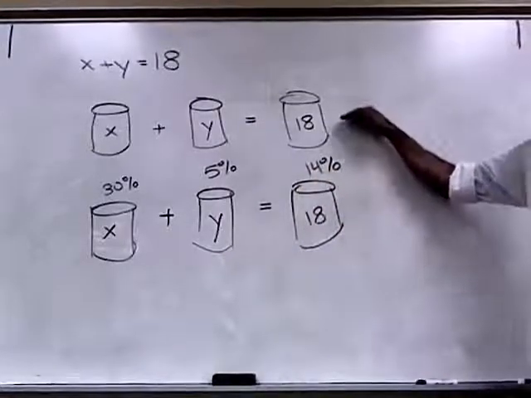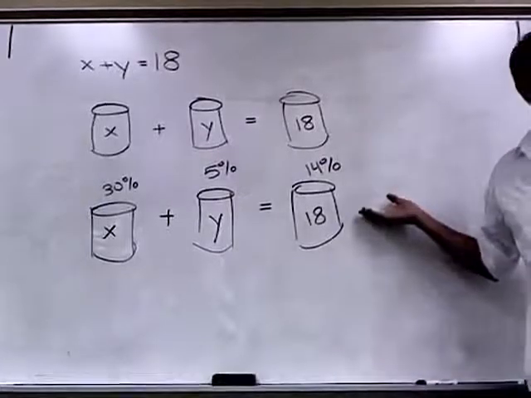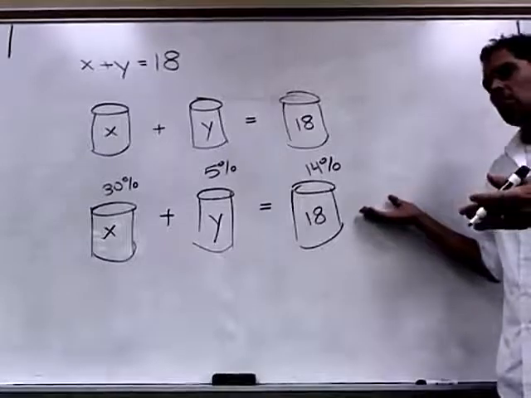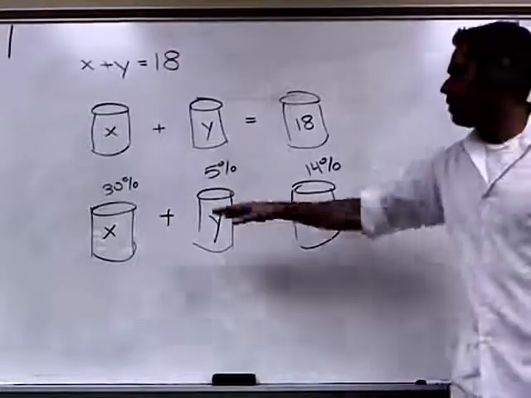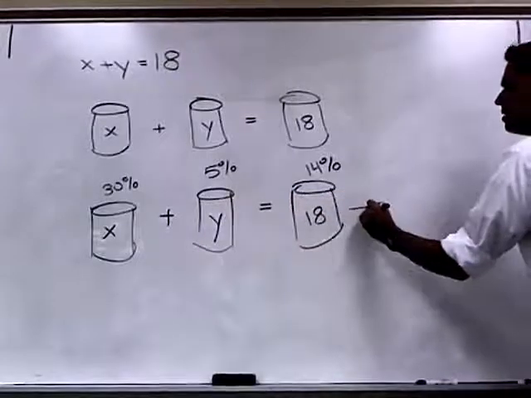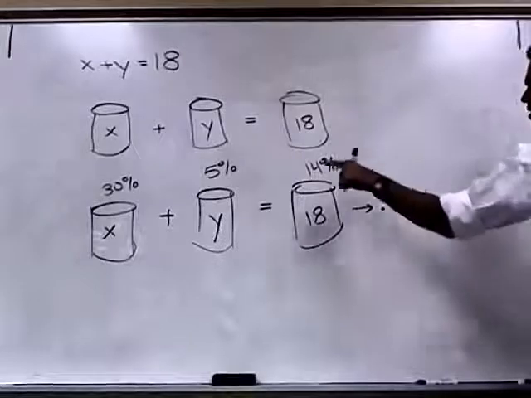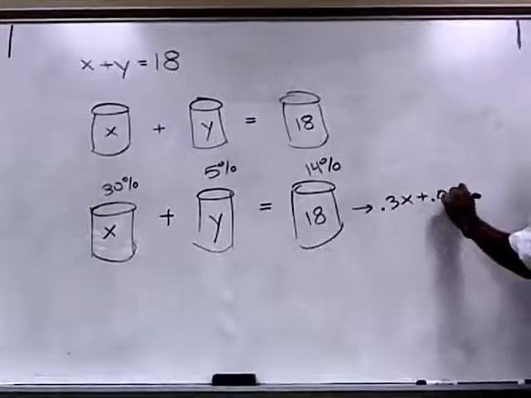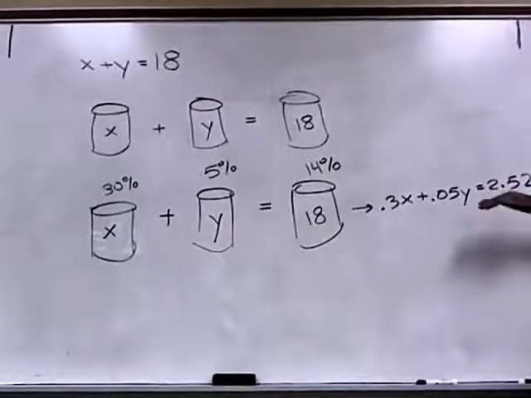Do you see the difference between the two equations? One of them is dealing with just how much is actually there. The other one is how much sugar, or how much alcohol, is actually there. So converting this one over, what does that turn into as an equation? 0.3x plus 0.05y must be 2.52. And that's my second equation.